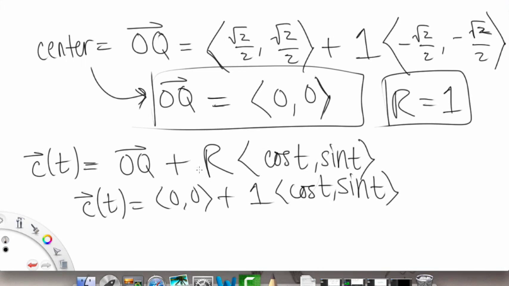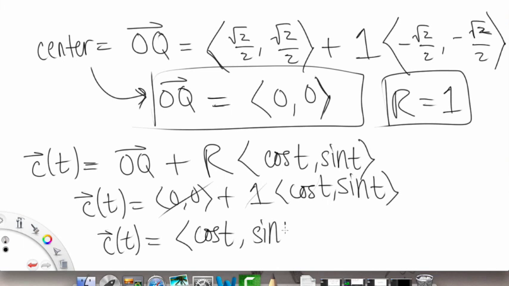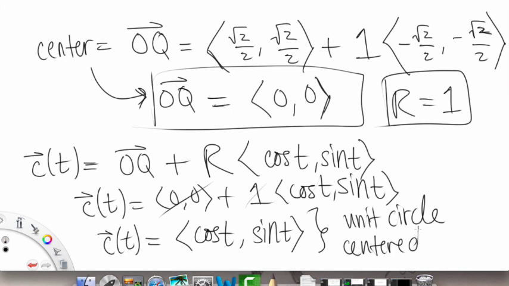So now at this point, we just make the final leap and get rid of that. We're left with c of t equal to cosine t, sine t, which you might recognize as the unit circle centered at the origin.